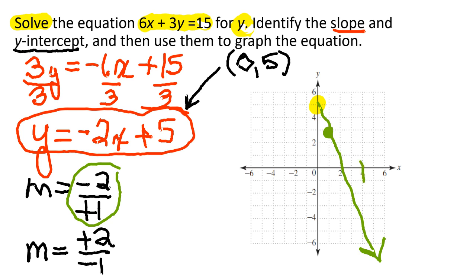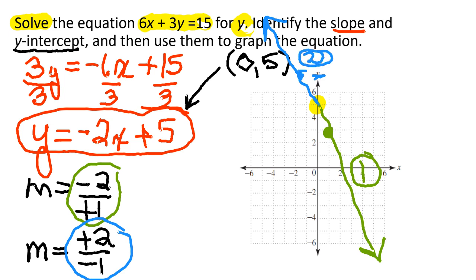But remember, I also have this slope from the yellow dot. I go up 2 and I go left 1, which means from the yellow dot, I'm going in this second direction. But they all go from my y-intercept.